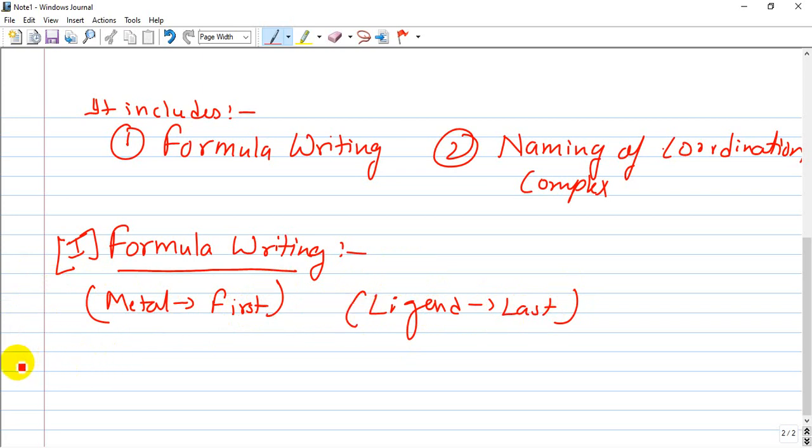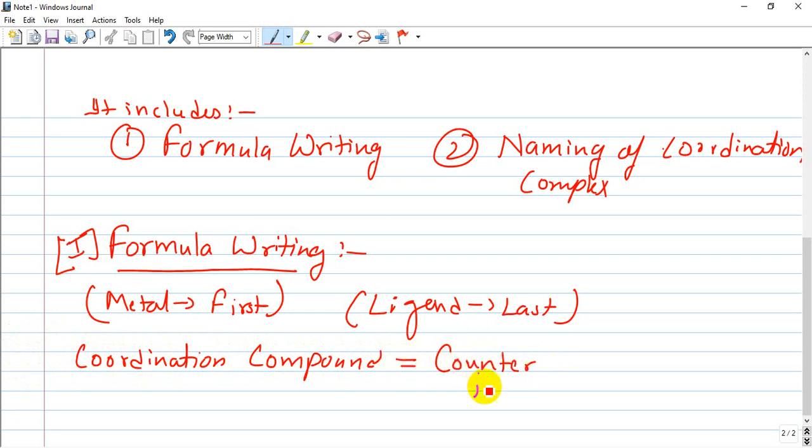Now, we know that a coordination compound is comprised of a counterion and a coordination sphere.